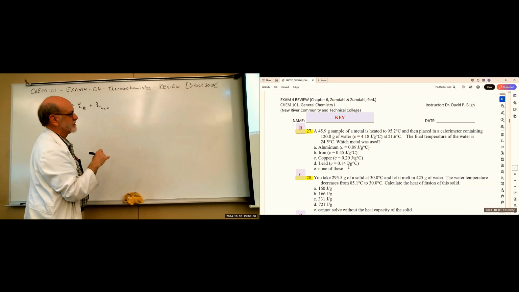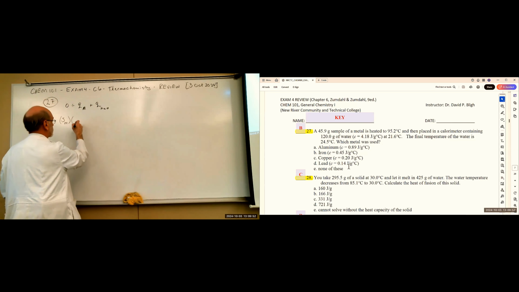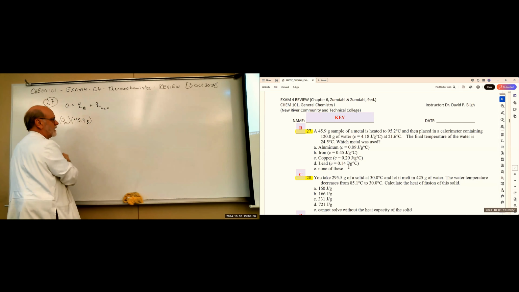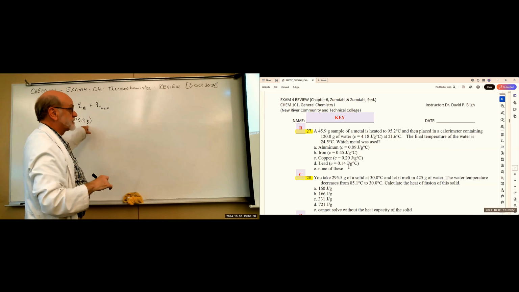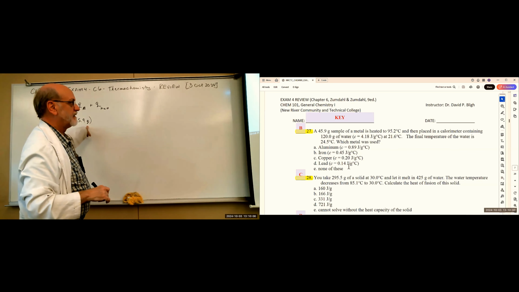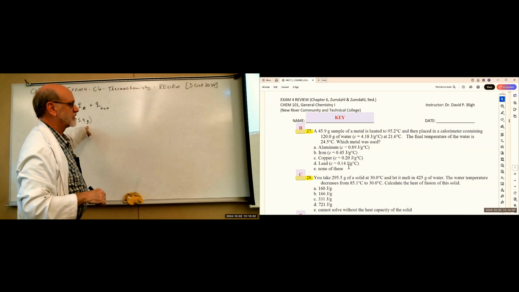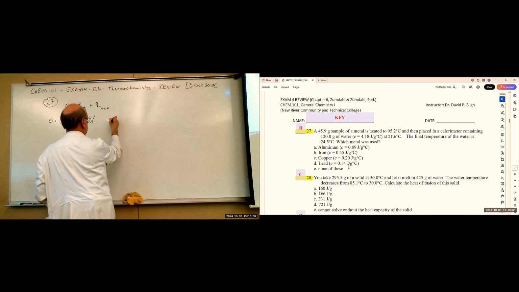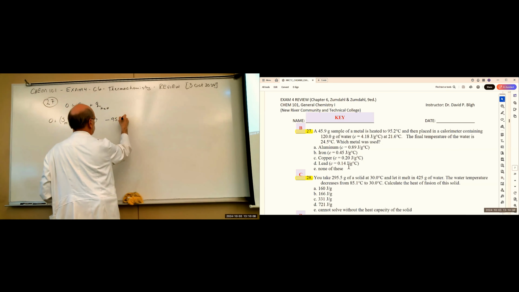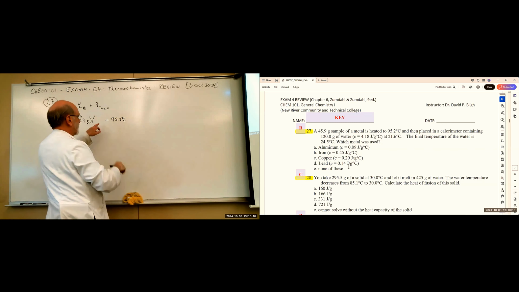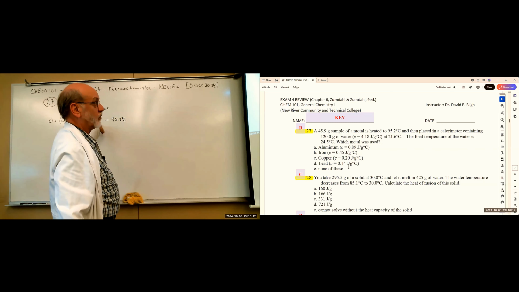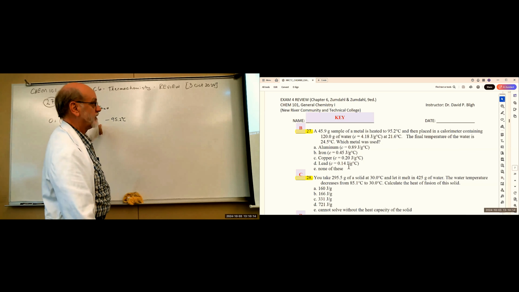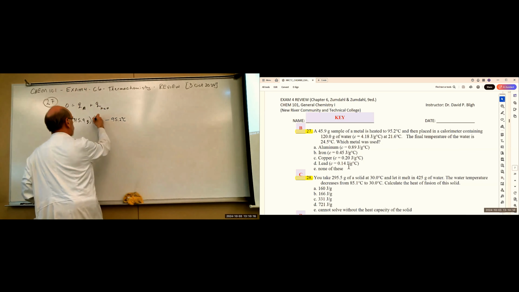Then we have the mass of the metal, which is 45.9 grams, so that's the correct units. And then it's heated to 95.2, so that's the initial temperature, 95.2 degrees C. And the final temperature is the same for both water and the metal, 24.5, right? 24.5.